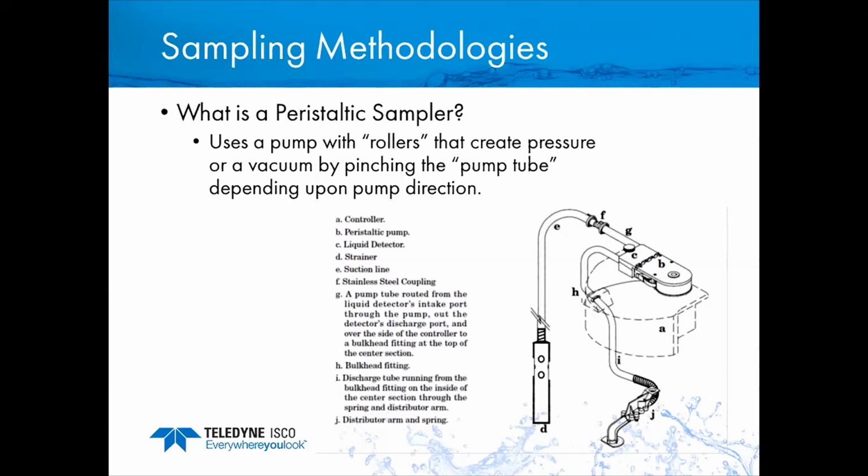A pump tube that is routed through the pump, and the liquid detector is the tube where the sample is collected by the pump. You will often have a bulkhead fitting that transports the liquid from above to below where the bottle is. You will have a discharge tube and may have a distributor arm if you're in a multiple bottle mode. If you're using a single bottle composite sampler, the tube will be delivered directly to the bottle.